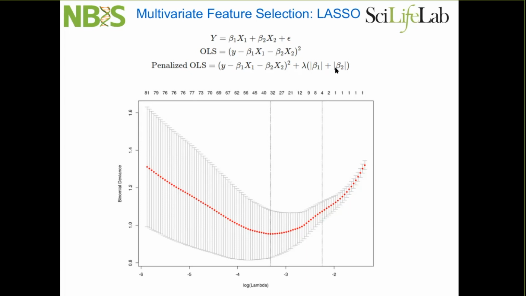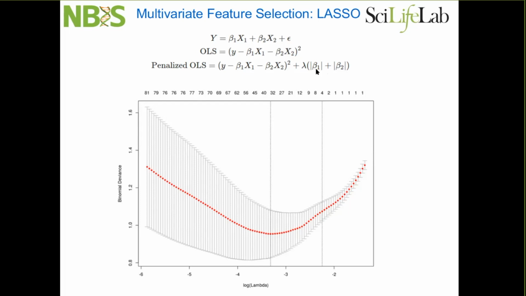But you add some penalty, some positive contribution. So you increase your error. And in order to survive this optimization procedure, the model has to prioritize to keep either beta 1 or beta 2. That's why you prune your set of genes.